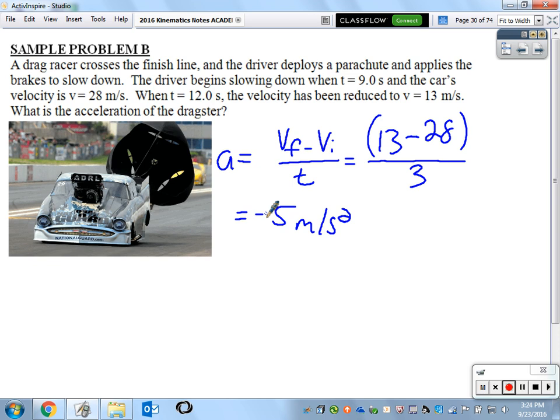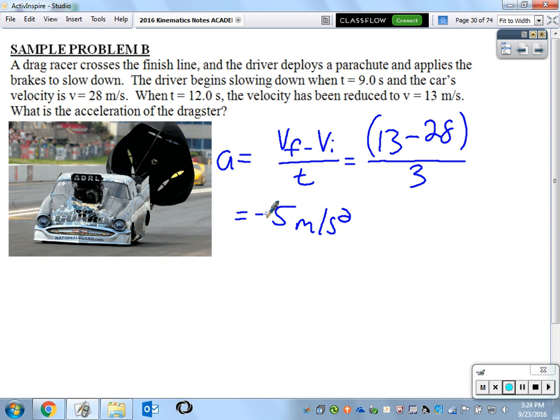Now, I would like to make a general statement that is probably going to confuse you. And it's something that we're going to develop a lot over the next couple of classes. But I want to tell you, how do we figure out whether acceleration is positive or negative? You ready? It's easy to understand things when you talk about speed.